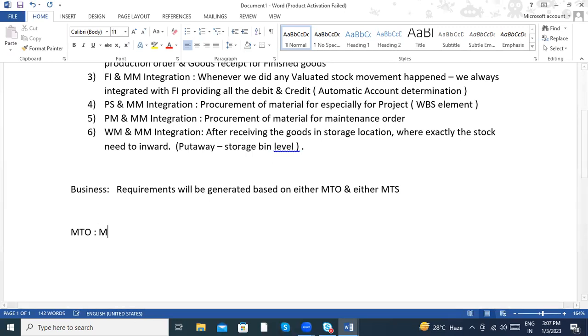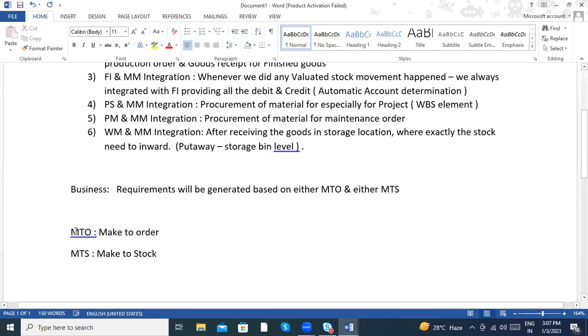Making the goods, make or made, whatever it may be, it's the same. And MTS is nothing but make to stock.